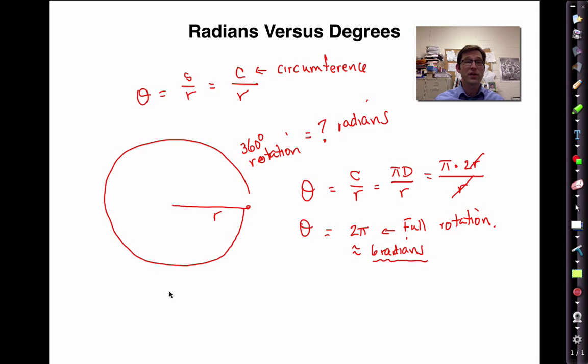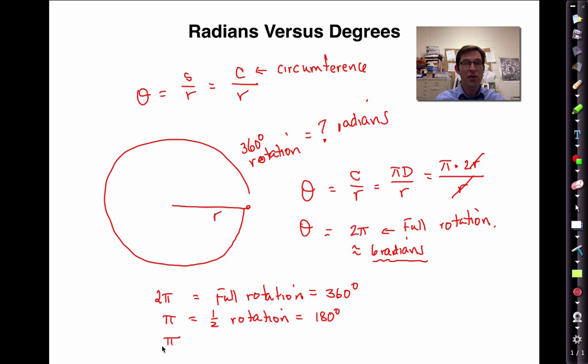Now, one thing that you can immediately do is say, well, if 2 pi is a full rotation, which is equal to 360 degrees, then pi must be a half rotation, and that must be 180 degrees.